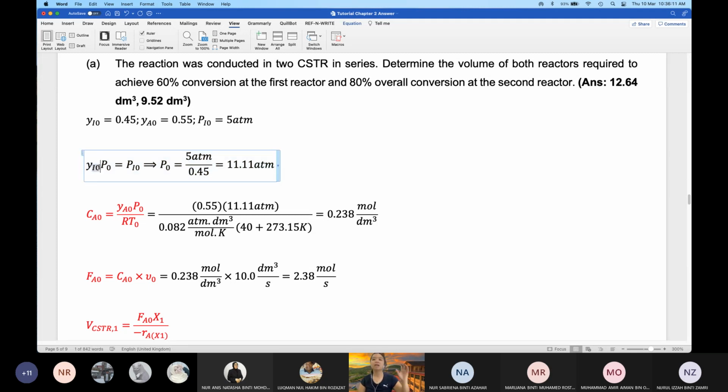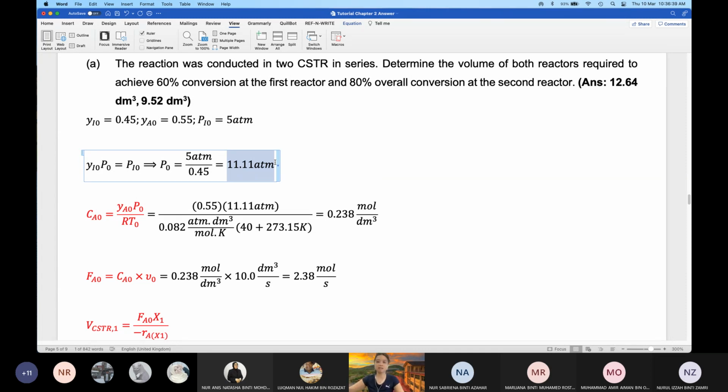Means, kalau saya tahu mole fraction inert, saya multiply dengan total pressure, saya dapat pressure inert. So, saya dah tahu pressure inert, saya tahu mole fraction inert, saya boleh tahu total pressure. Atau erti kata yang saya senang nak terangkan, okay, because this is official calculation, I show you this way. In easier way to understand, macam ni. 45% mole percent inert ni bersamaan dengan 5 ATM.